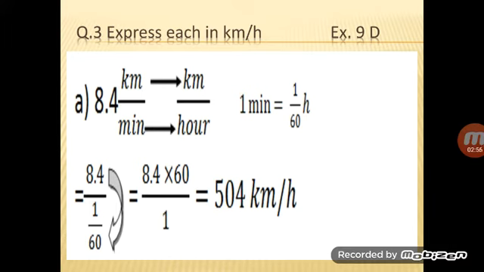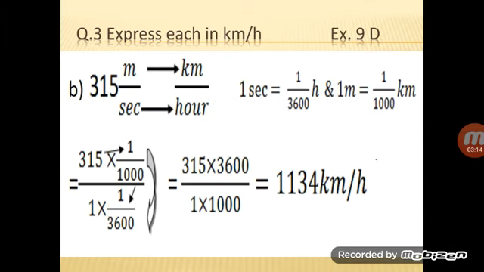After multiplication we get our answer, that is 504 kilometer per hour. Hence we have converted 8.4 kilometer per minute speed into kilometer per hour, and its answer is 504 kilometer per hour.